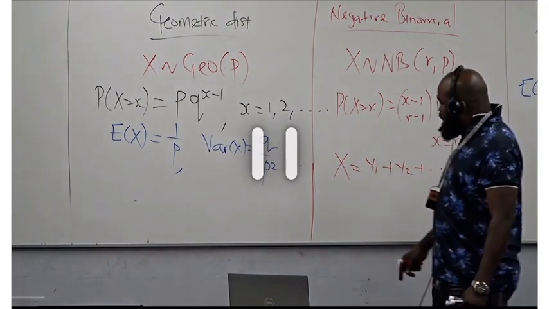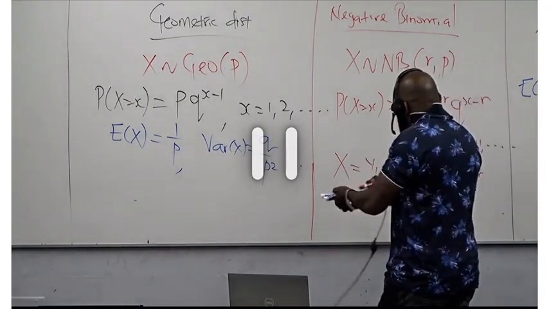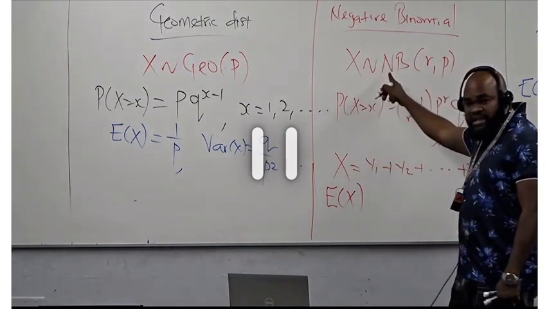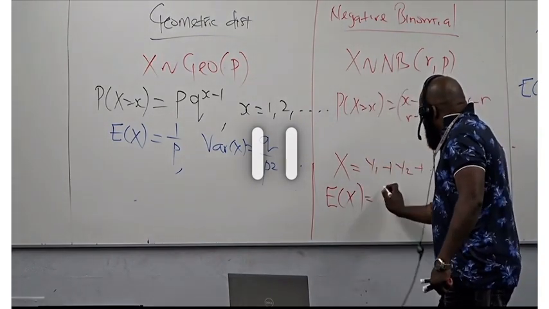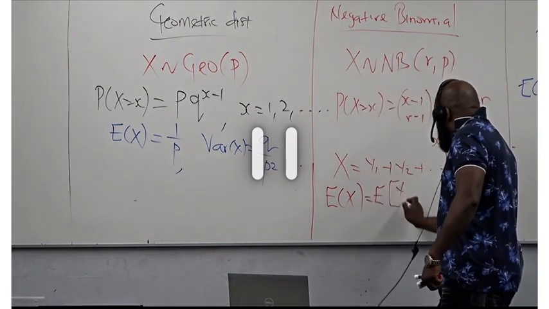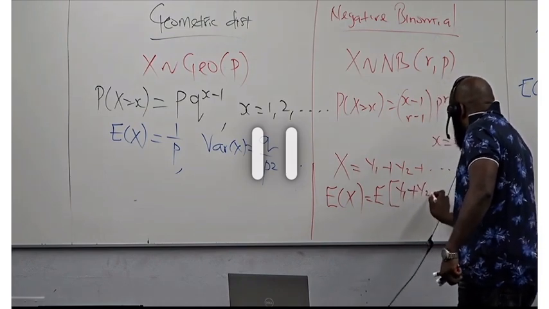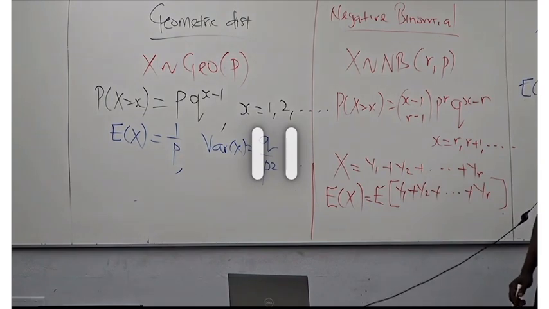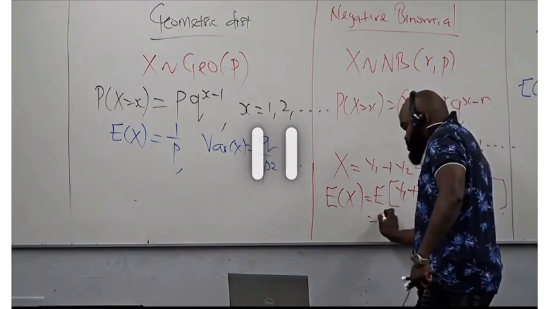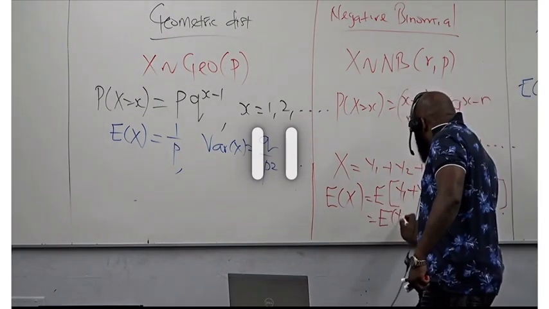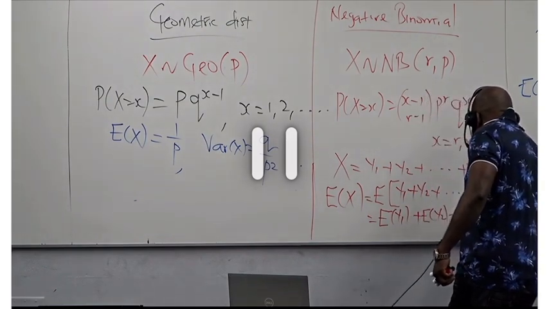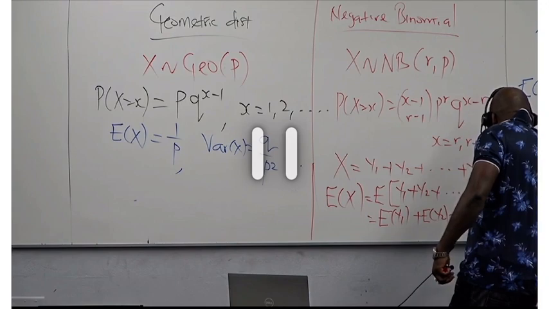So in that regard, if I want to figure out the expectation of X in the negative binomial, we're using the knowledge of linear combination here. I'm going to have the expected value of Y1 plus the expected value of Y2, and so on, until I get to the expected value of Yr.